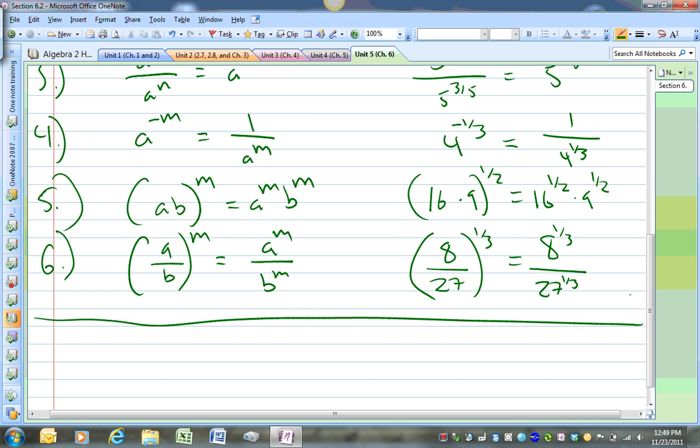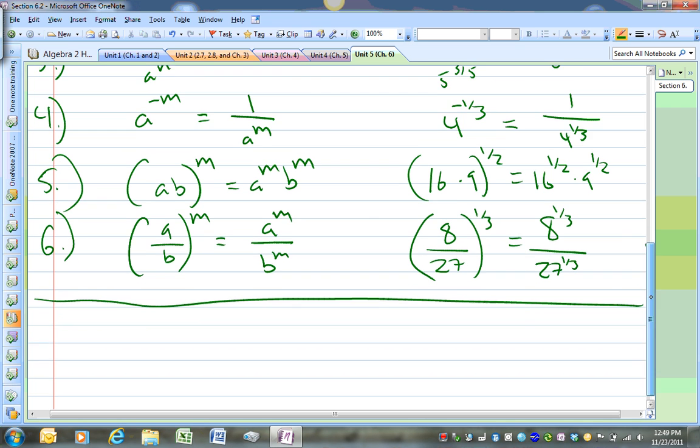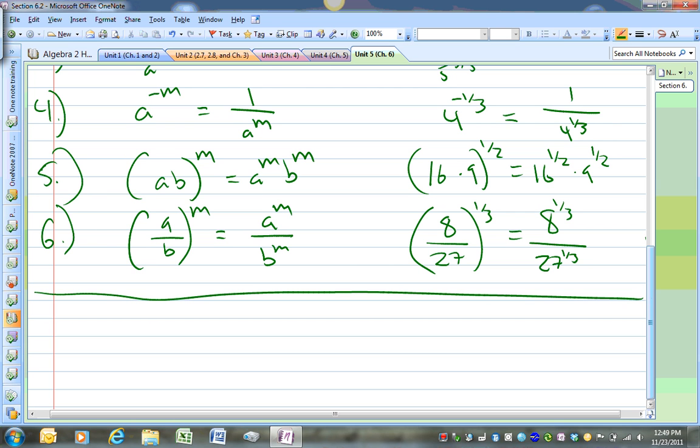Now we're ready to try some examples. Actually, before that, another thing I want to talk about are properties of radicals.